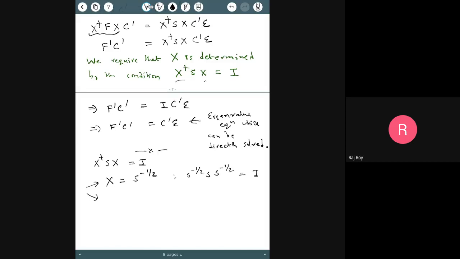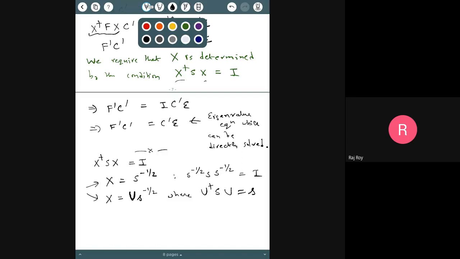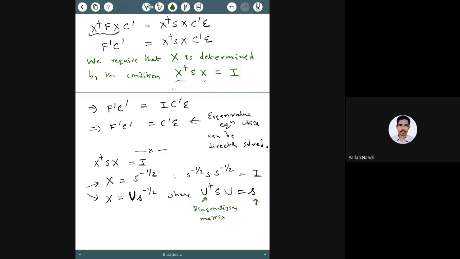That is certainly I. Okay. And you can also have x equal to u, where u dagger su is equal to s. So basically u is then the diagonalizing matrix of s.